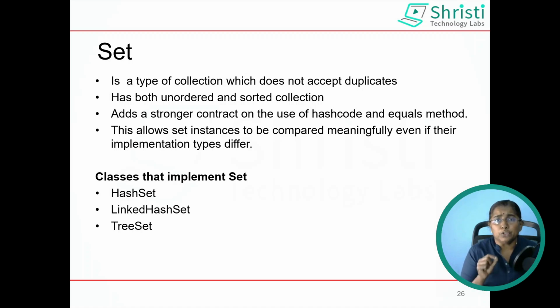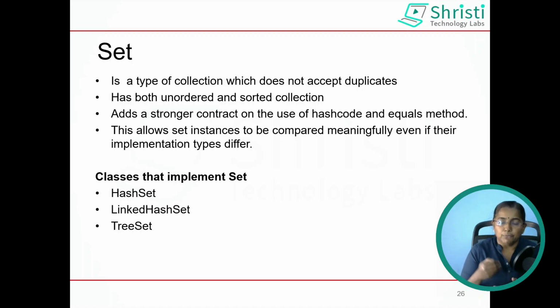There is a point given over here which says that set does not accept duplicates. How will set know that this is a duplicate element? For this, set uses the help of hash code and equals method which are from object class. The type that you are using with set should override hash code and equals.